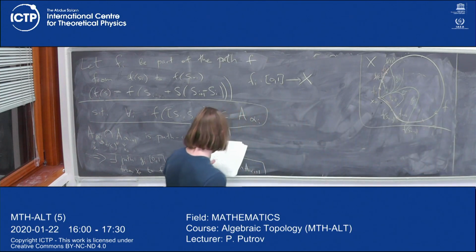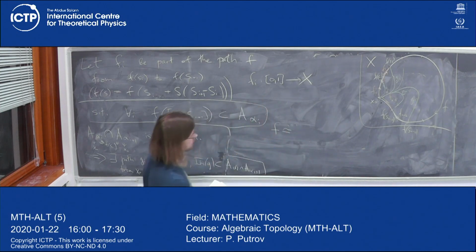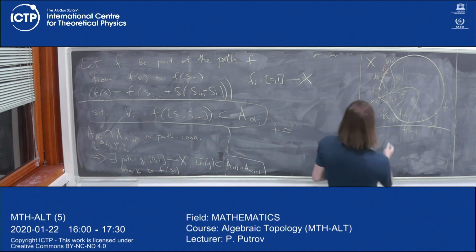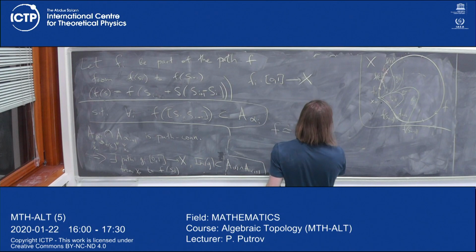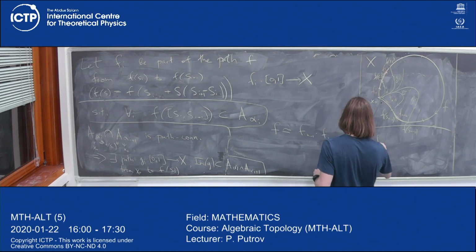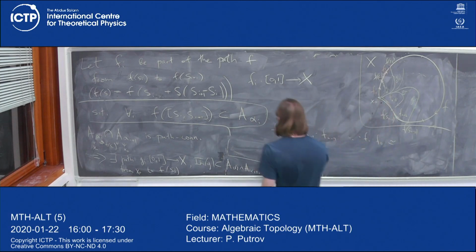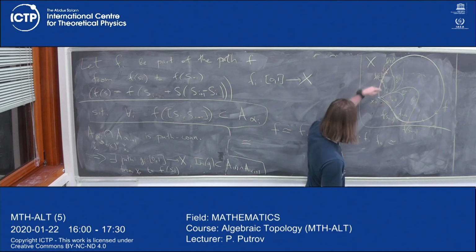Let me just write the formula. So F is homotopic to the composition of all those small paths. Again, using path homotopy properties, I can set everywhere in the middle Gi and Gi bar.